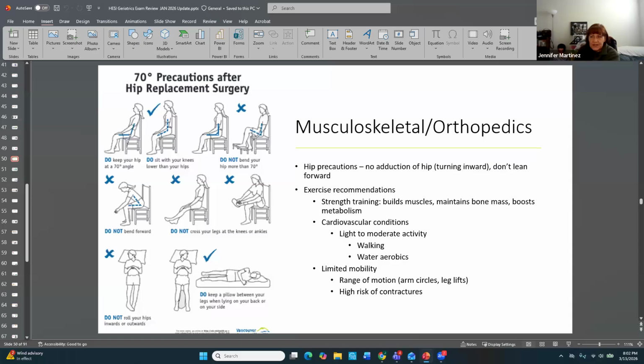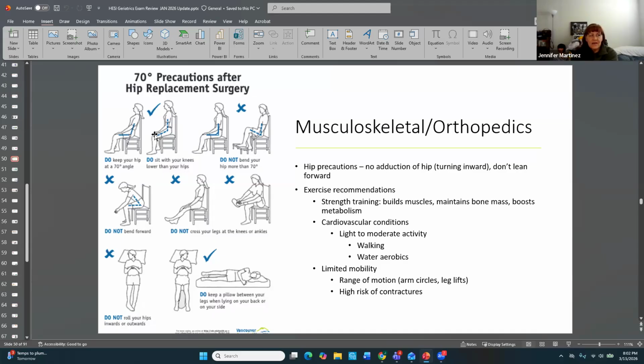Precautions after hip replacement surgery. So hip precautions, no adduction of the hips or turning inward. So we don't want them to lean forward. So if you look like this, right, keep your hips at a 70-degree angle, so with your knees lower than your hips.